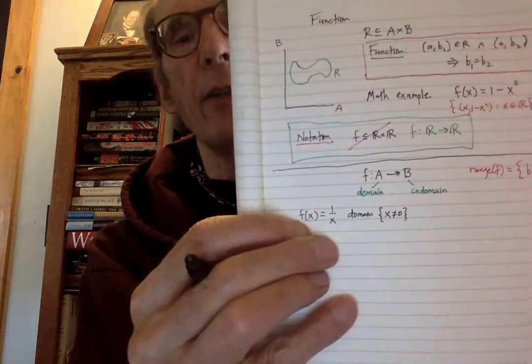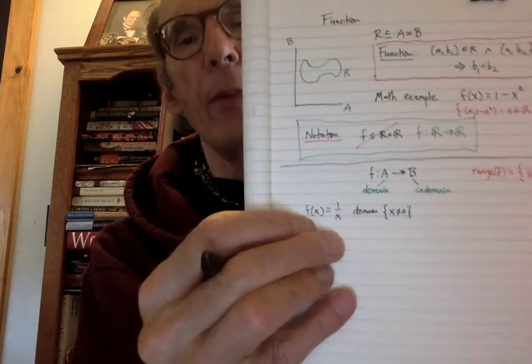That's the function, and the formula is what the function does to x. The codomain is the reals. And the range is the reals. Well, you may not get 0. It depends on your mood. So I'm going to say the range is R minus 0.